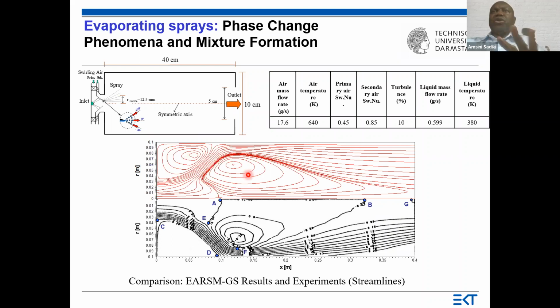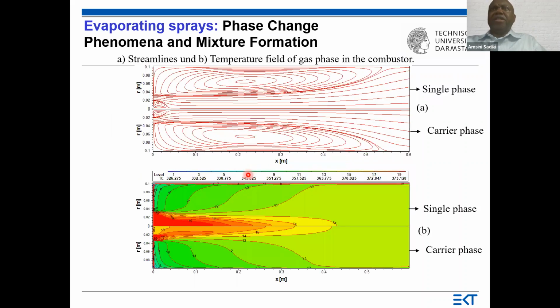And here it is first without particle. And so now we show the single phase means without particle and here with particle for the streamlines first and the temperature field of the gas phase in the combustor. So we see that there is not a very large difference.